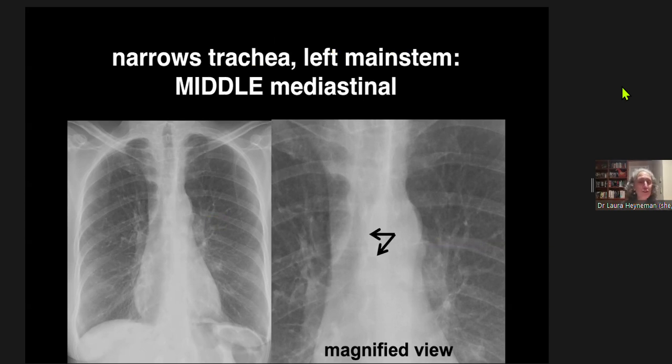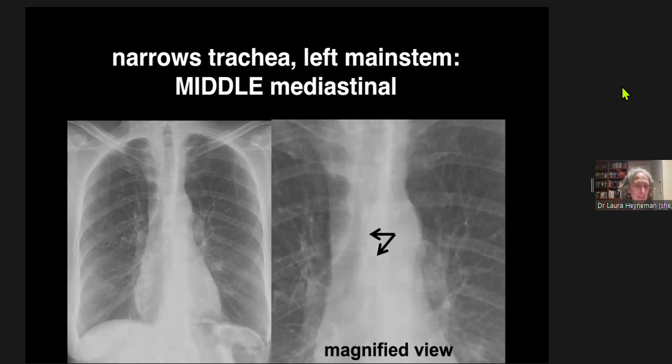Giving further evidence that there is something in the middle mediastinum is the fact that if you look closely, it looks like there is narrowing of the proximal left mainstem bronchus and the distal thoracic aorta at about the level of this abnormality.